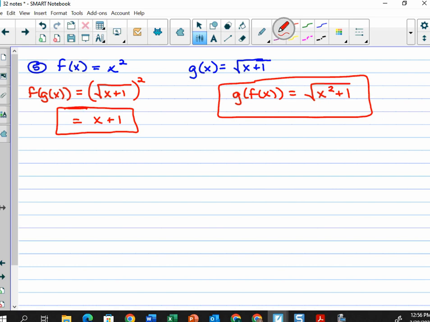No, it's all numbers. We have to look at the inside. So you have to set up x plus 1 is greater than or equal to 0.